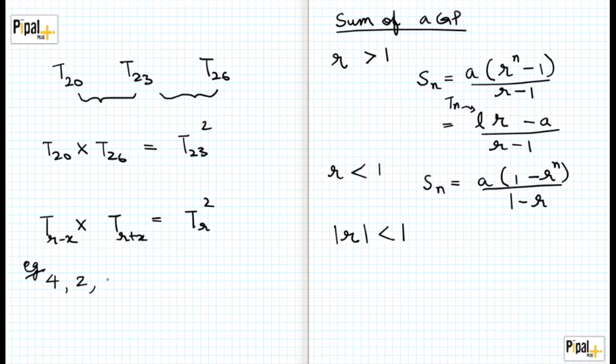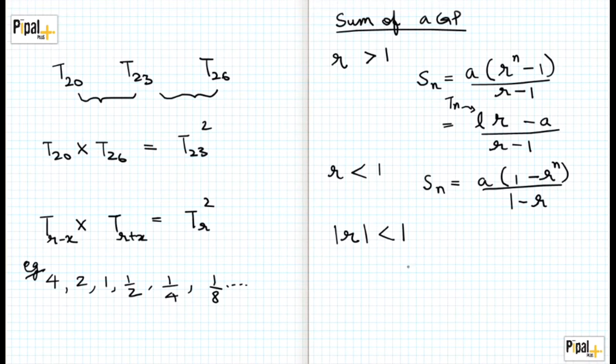The next term is going to be half of 2, which is 1, then half, 1/4, 1/8, and so on. You notice that the terms keep on reducing. If the terms continue to reduce, ultimately the infiniteth term will almost be 0. So can we find out the sum of such a series for infinite terms?